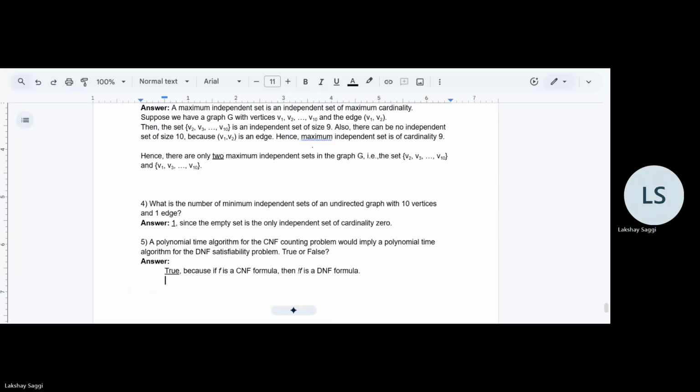And also, similar to the lemma we had in the lectures, one can claim a similar lemma here. So I'll just write down the lemma first.